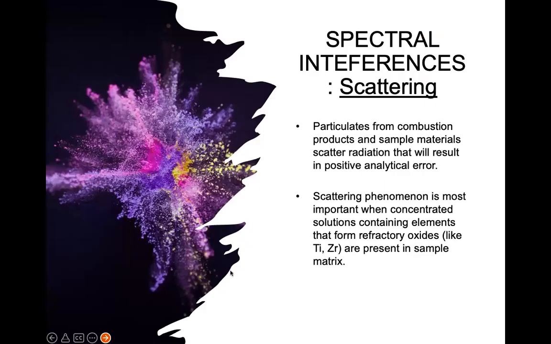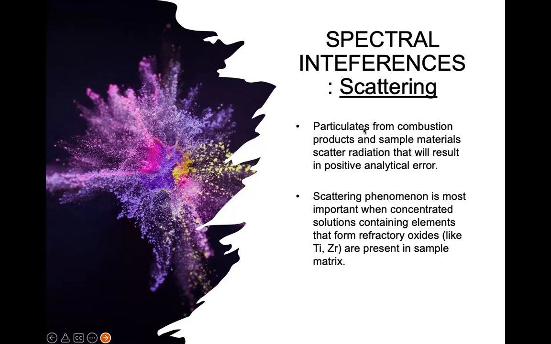But there is the issue of scattering, because in the sample, as I mentioned, especially when you work with actual samples, there are some organic compounds in there. So when we atomize, like we burn the samples, we have solid particles called particulates.